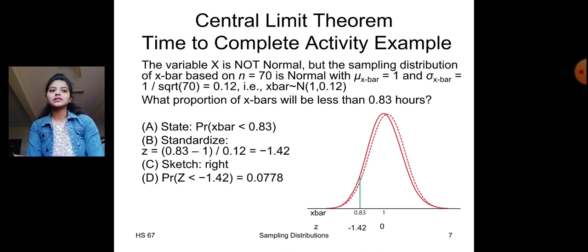In the graph we have 0 in the middle, the right side will be positive values and the left side will be negative values. As we got minus 1.42, we will take it somewhere between 0 and 2 on the negative side and sketch it. So P(Z less than minus 1.42) will be equal to 0.0778.